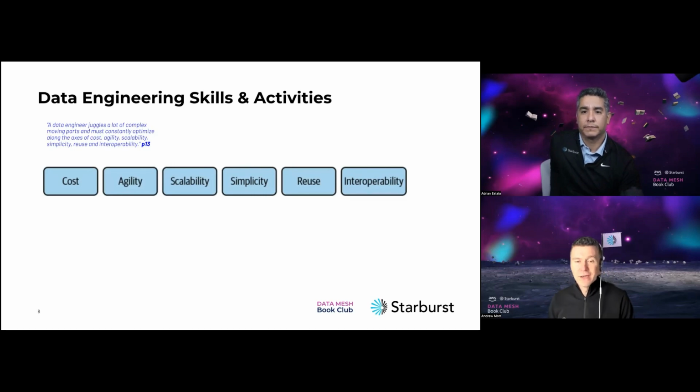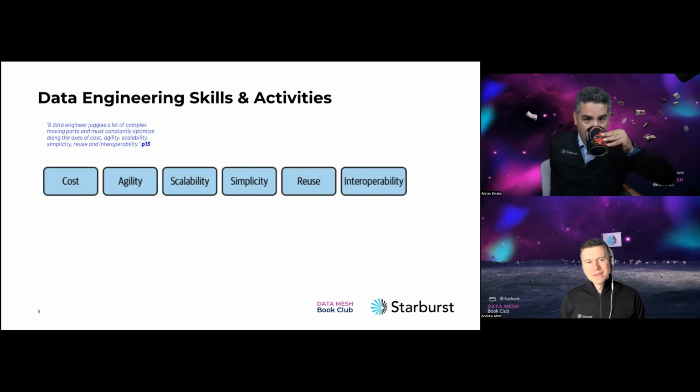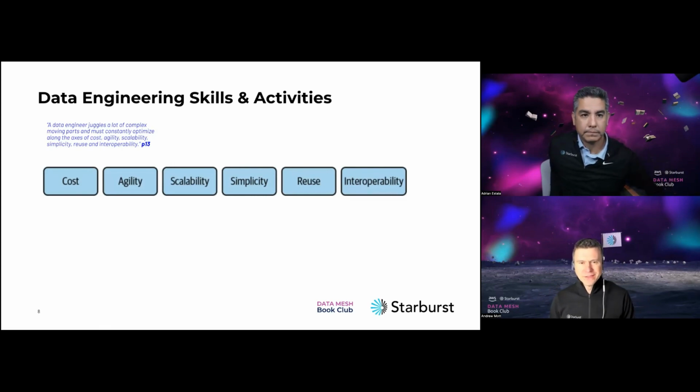I 100% agree. One thing I would say, and I'm conscious of time, is you can't optimize for all of these to the same degree, right? Because if you want to be agile, typically you may lose some of the work around making things more robust and reusable.